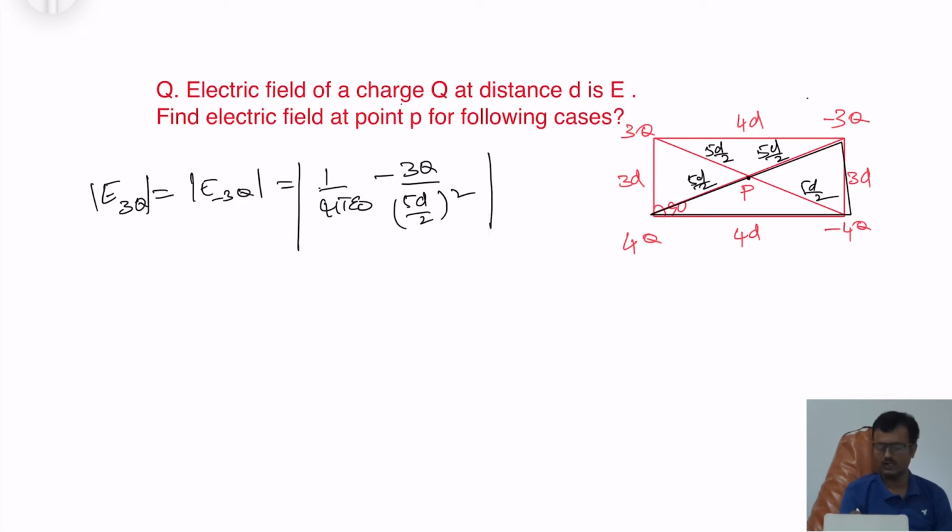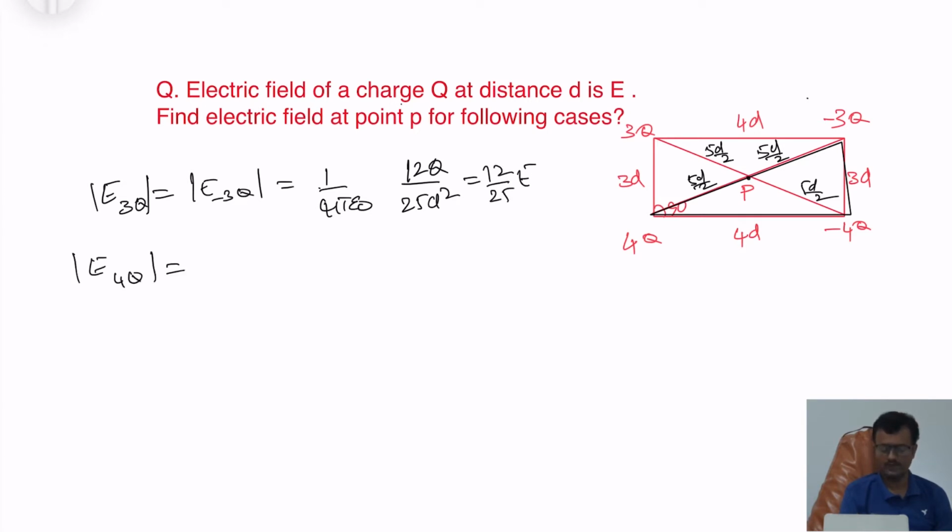That is 25D square by 4. So this is 4 into 3, 12. Modulus of minus, that is plus, 1 by 4 pi epsilon naught q by d square, that is E. So that is equal to 12 by 25 into E.